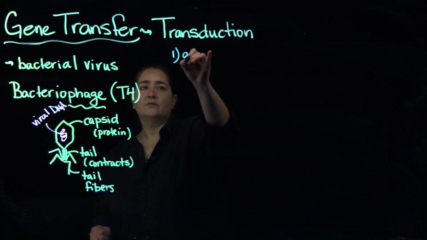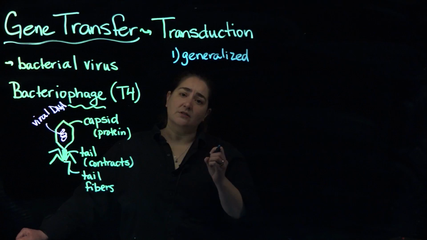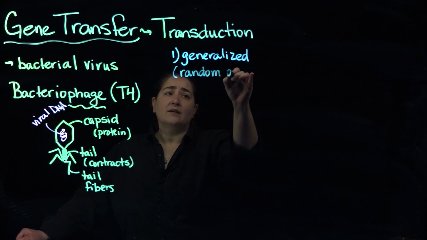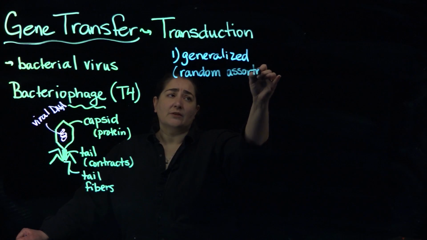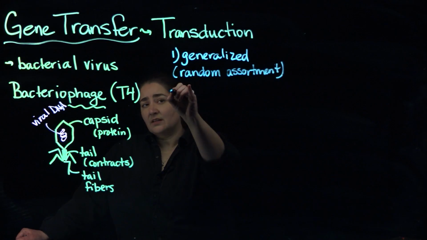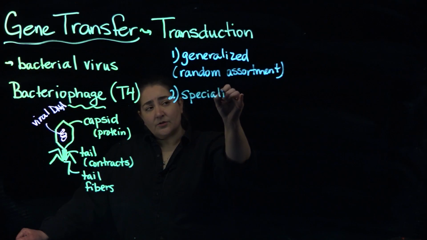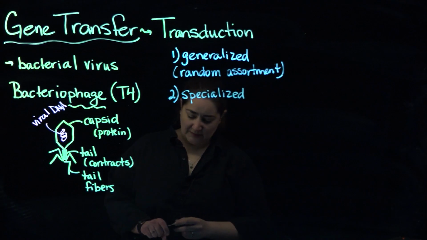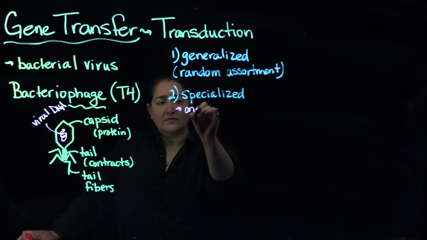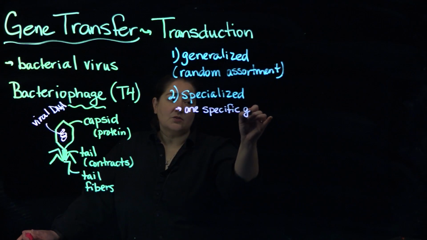You can have generalized transduction, which is a kind of random assortment of genetic material that would be transferred to the bacteria. You can then also have specialized transduction, and really with specialized transduction we're talking about usually one specific gene that is transferred.